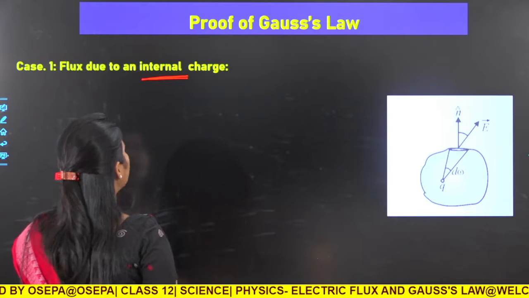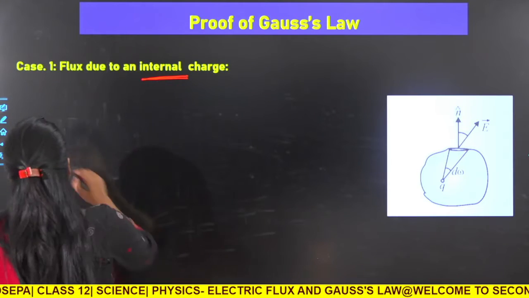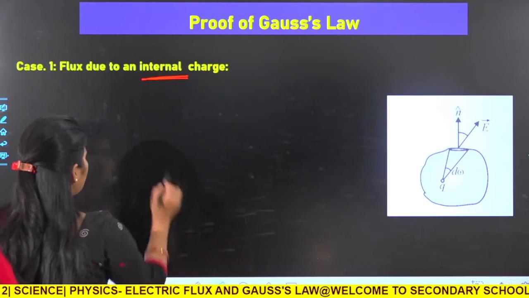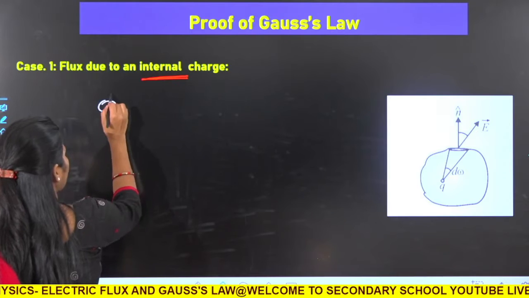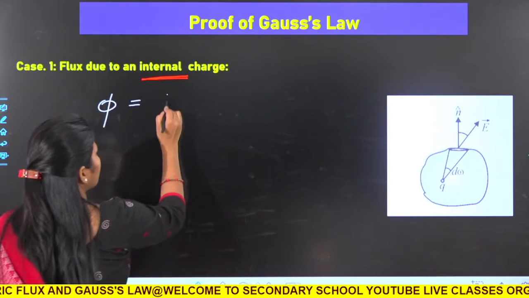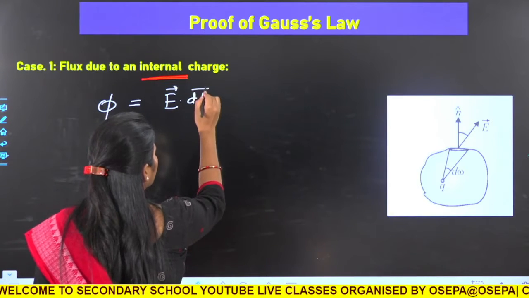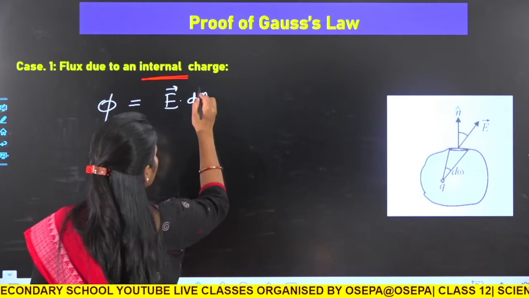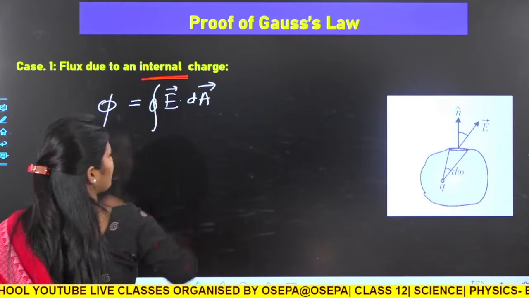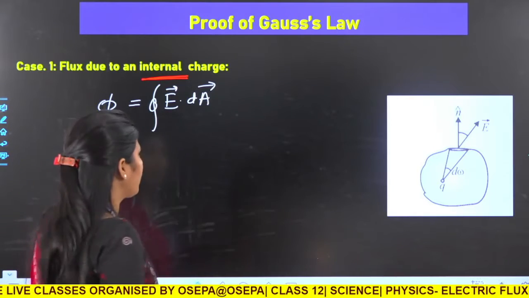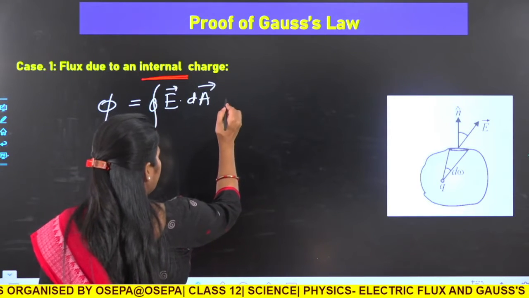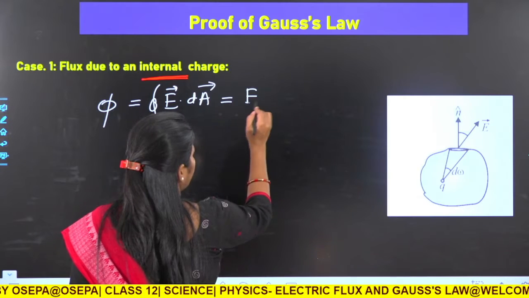Then what will be the flux? We know that phi is equal to closed integral of E dot dA.